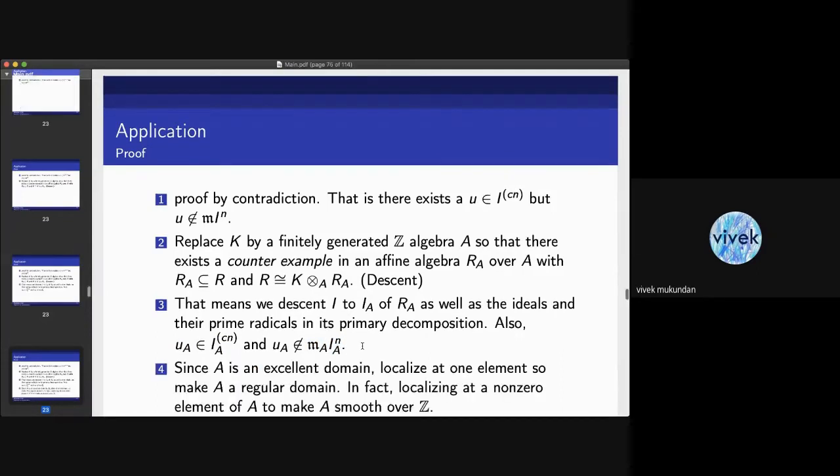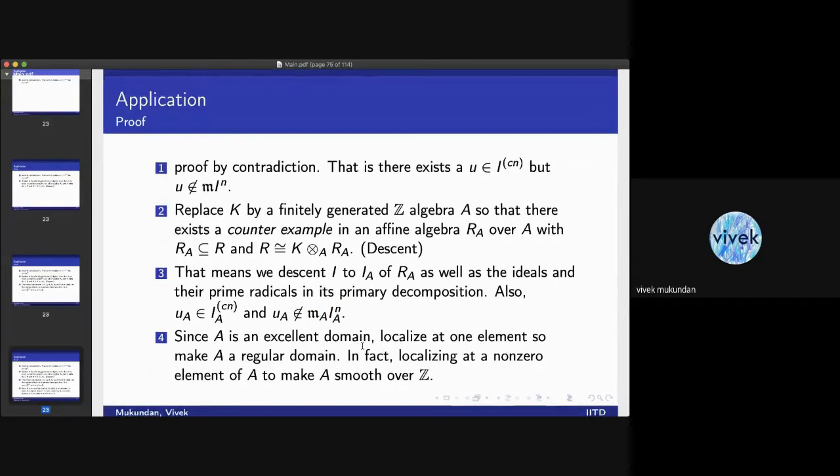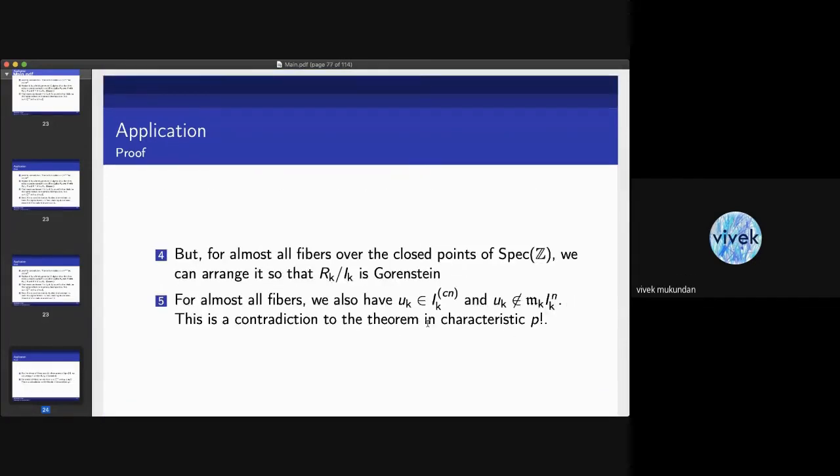We make sure that this element after descent is in I to the Cn but not in m I to the n. Then since A is an excellent domain, the same technique, you want to make it work over Z instead of A. Localize at one element so that A is a regular domain, localize at a non-zero element to make sure that A is smooth. Then for almost all fibers, you can also preserve the property that R mod I is Lorentzian after you go to the fiber level.